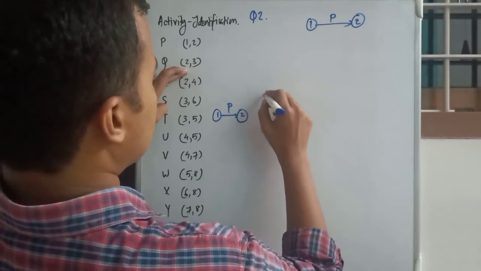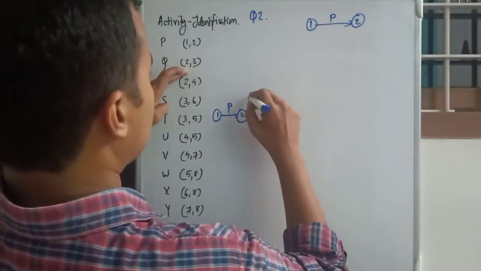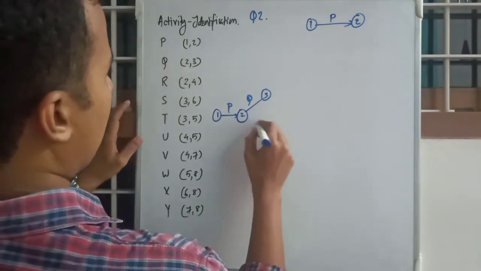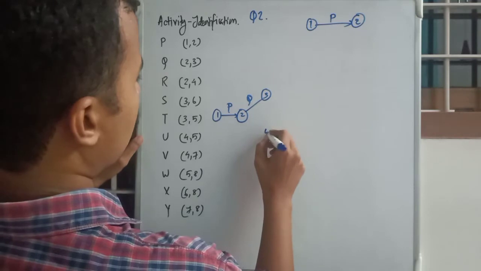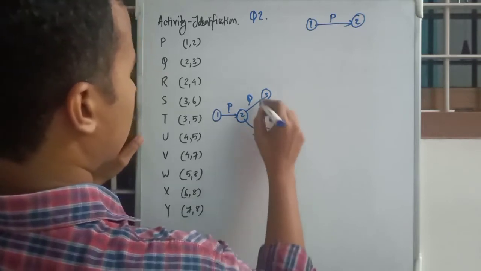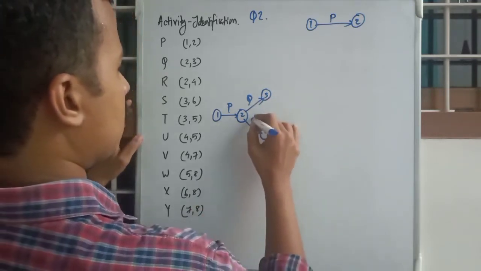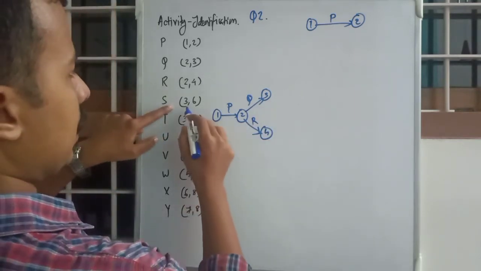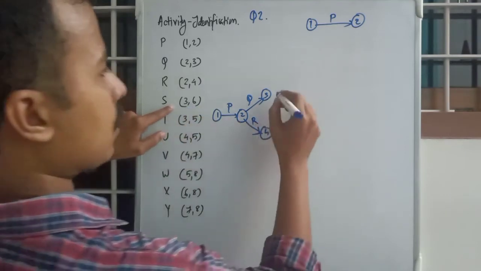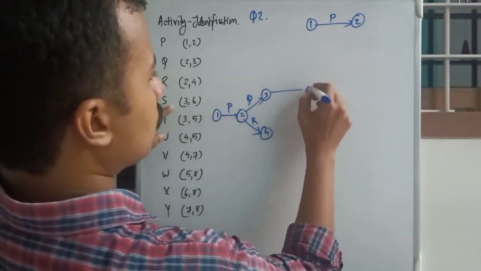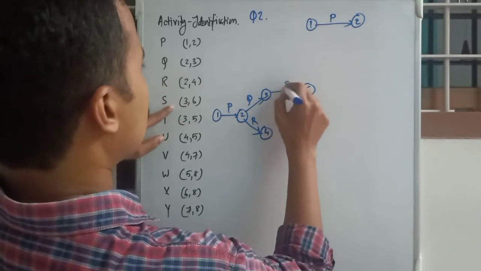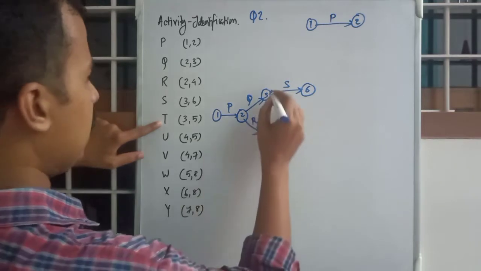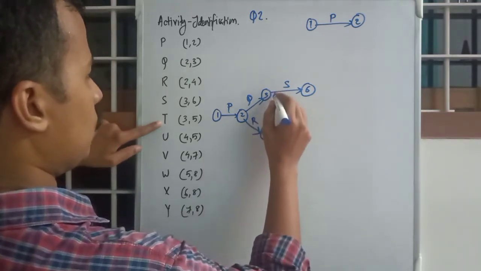Suppose 3 is here, this is Q. This is R, from 2 to 4. S is from 3 to 6, that is S. T is from 3 to 5.